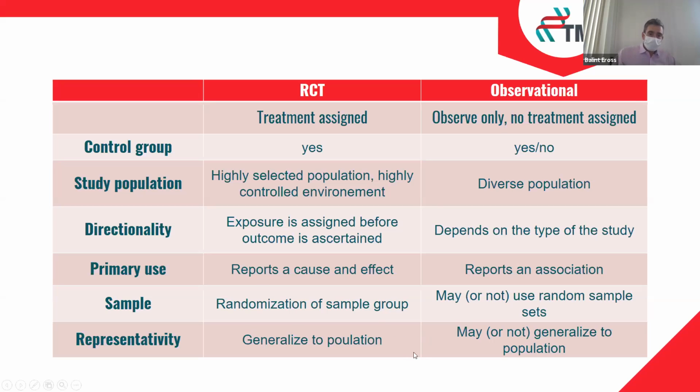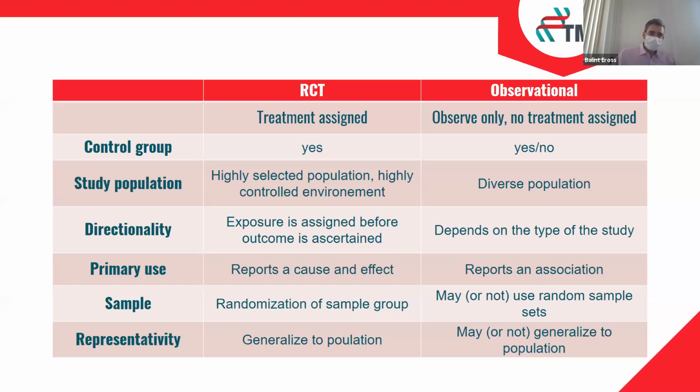The primary use of RCTs, and probably this is the most important rule you have to memorize, and I would like you to remember when you leave this session. If there's a single take-home message from this session today, it should be primarily that RCTs can reveal causality.